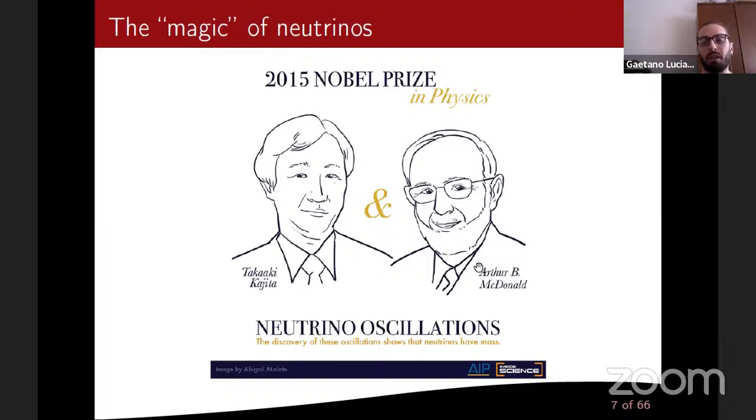They were awarded the Nobel Prize for the discovery of neutrino oscillation, which implies, as Lucas was saying before, that neutrinos have a mass. And I will show you in a while why the fact that we observe neutrino oscillation implies necessarily that at least one generation of neutrino should be massive.